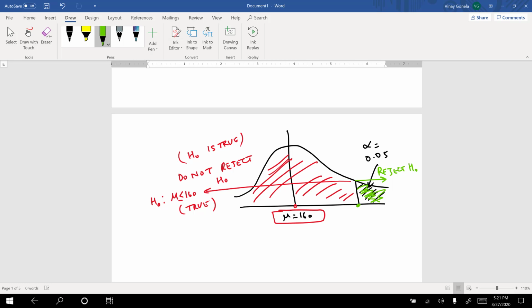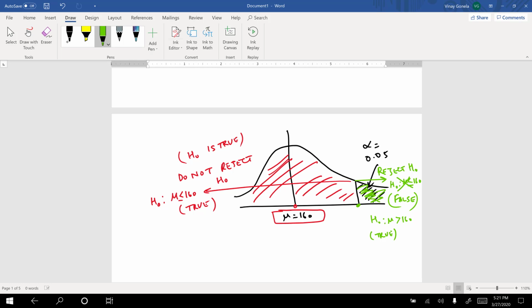So here the H null, which is mu less than or equal to 160, will be false. When we say this is false, that means we can inherently say that the alternative is true, that is mu greater than 160. So this is true.